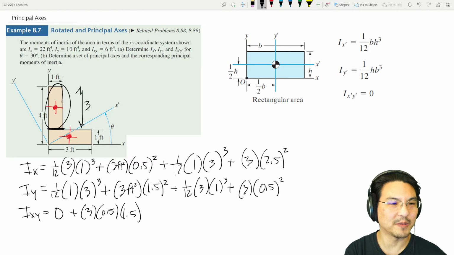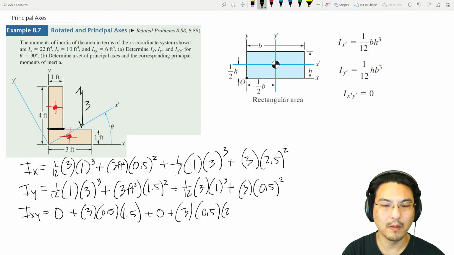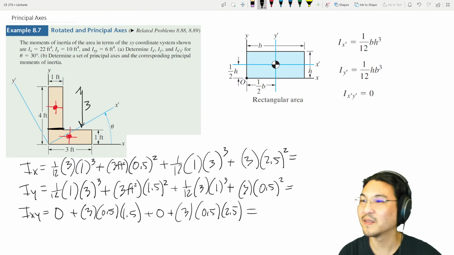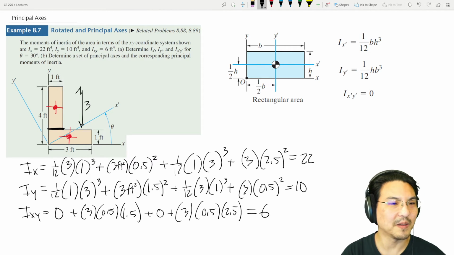Okay, now this one about its centroid, 0, plus this area times this distance times this distance. So 0.5 and 2.5. Okay, and then just punch that in the calculator. So I did that earlier.